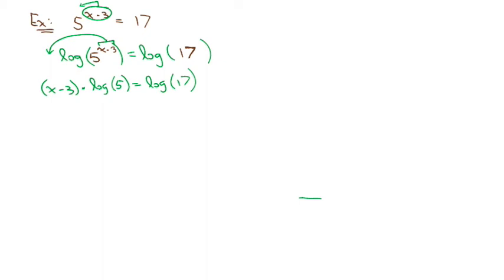Now, depending on your style of solving a linear equation, what would you do next? That's one way of doing it. What's the other way of doing it? You can move the log of 5 to the other side. You just divide across. Log of 17 over log of 5.